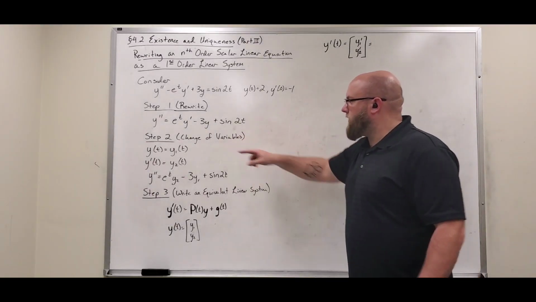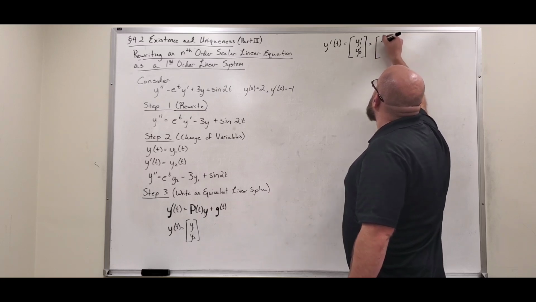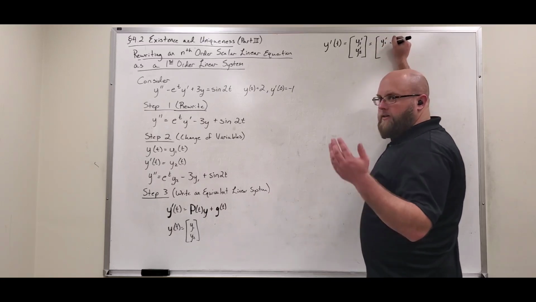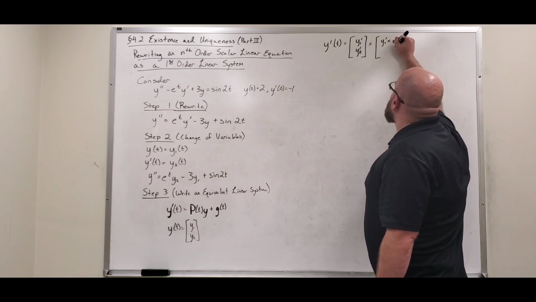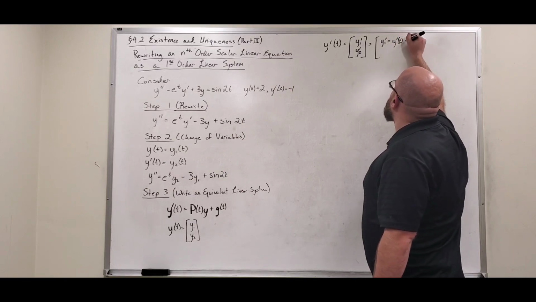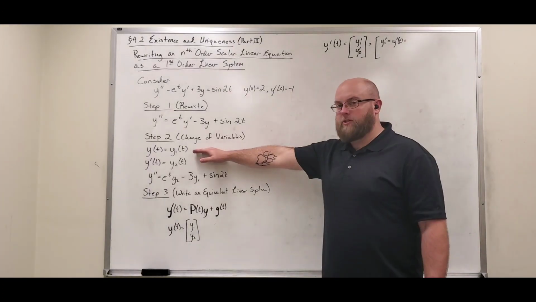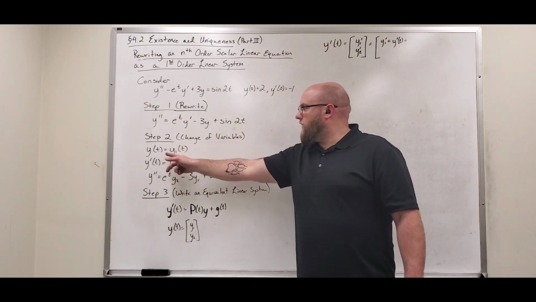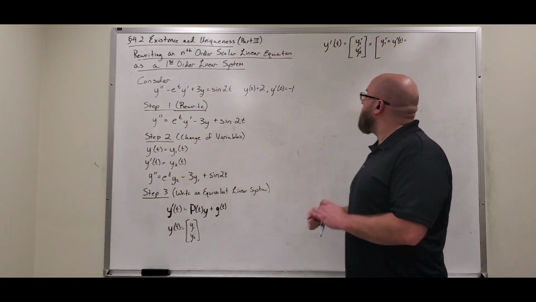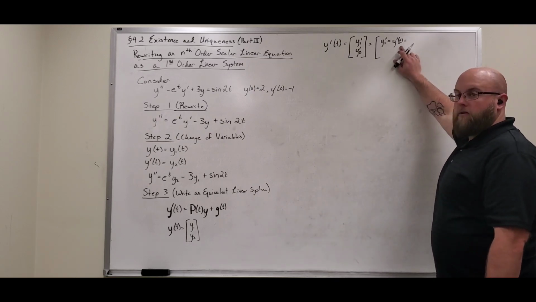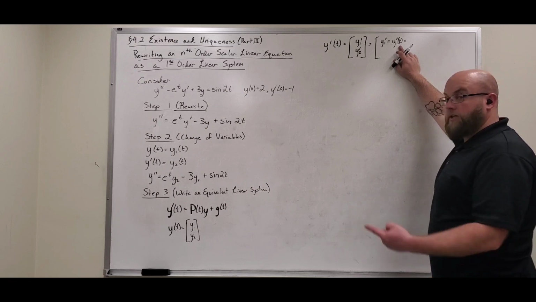Because we stated that y1 prime is equal to the derivative of y of t. We stated at the beginning, when we did our change of variables, that y of t is equal to y1. Well, we just took the derivative of this. y1 prime is the same thing as y prime, which is y2.